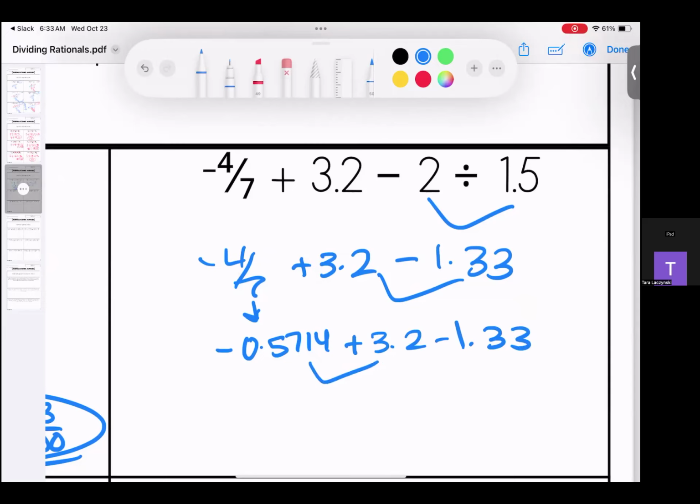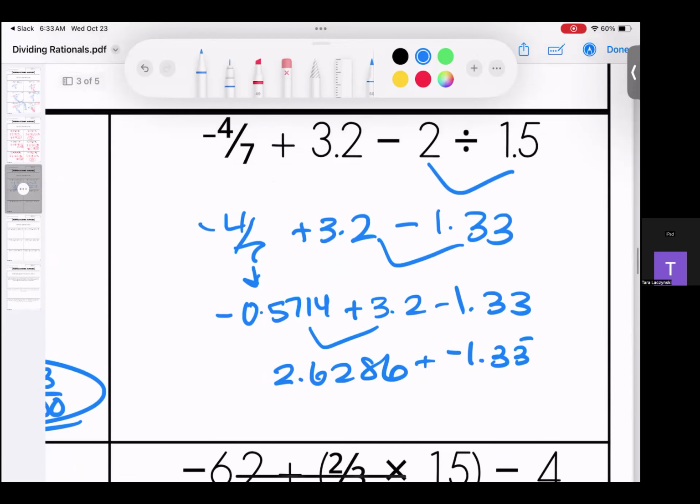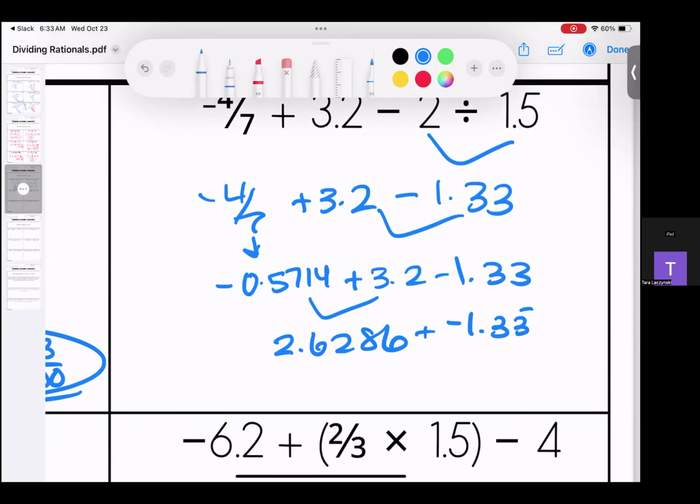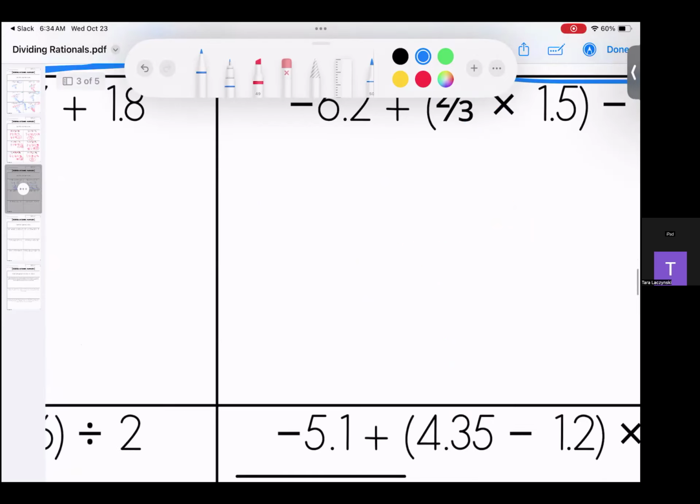All right, let's start in the front. When I subtract these, I get 2.6286 plus that negative 1.33. It's going to keep going and going. Yes, that is negative. Subtract those, I get 1.2953, or I can round it to 1.3. Either of those are fine.